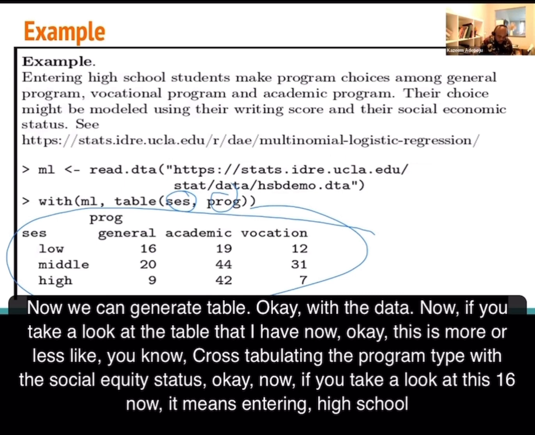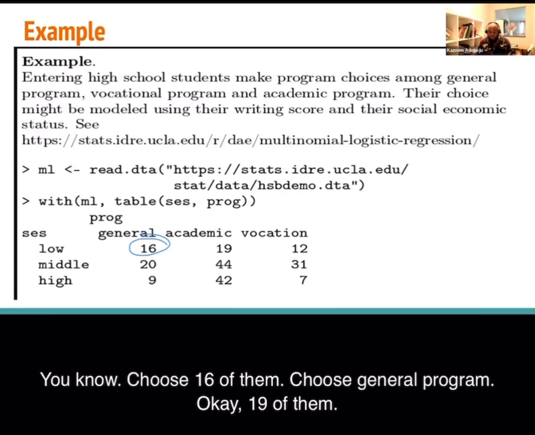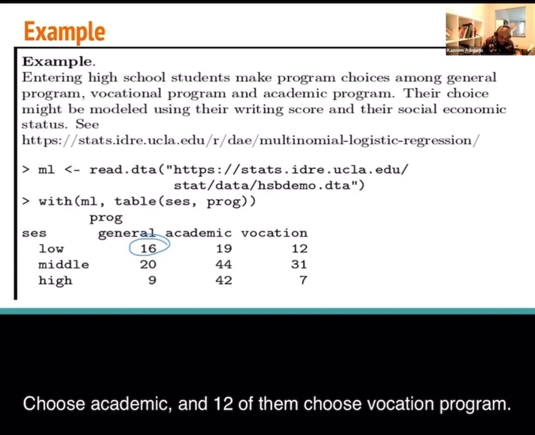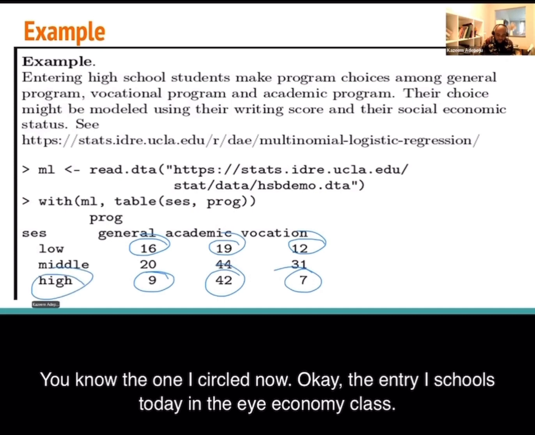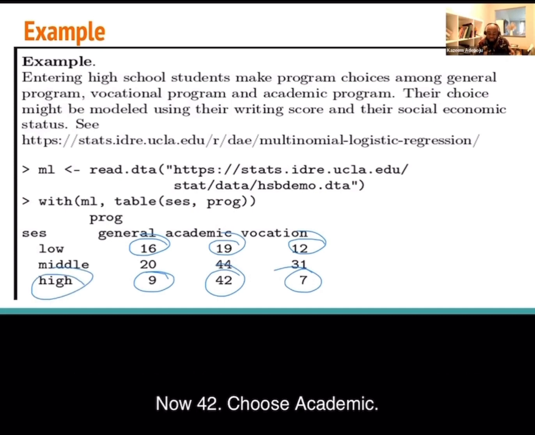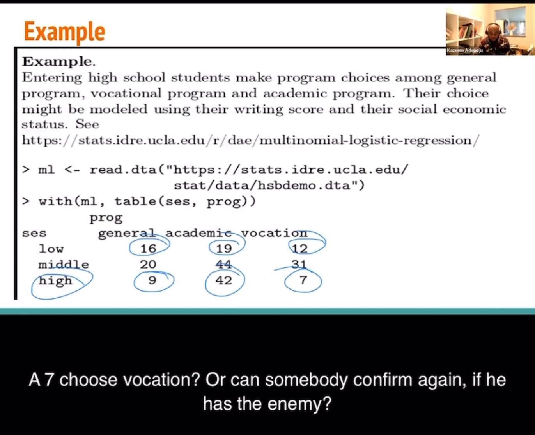This 16 means entering high school students who come from the low socioeconomic class: 16 of them choose the general program, 19 of them choose academic, and 12 of them choose the vocational program. That goes all the way to the one I circled, the entering high school students in the high socioeconomic class: 9 of them choose general, 42 choose academic, and 7 choose vocational.